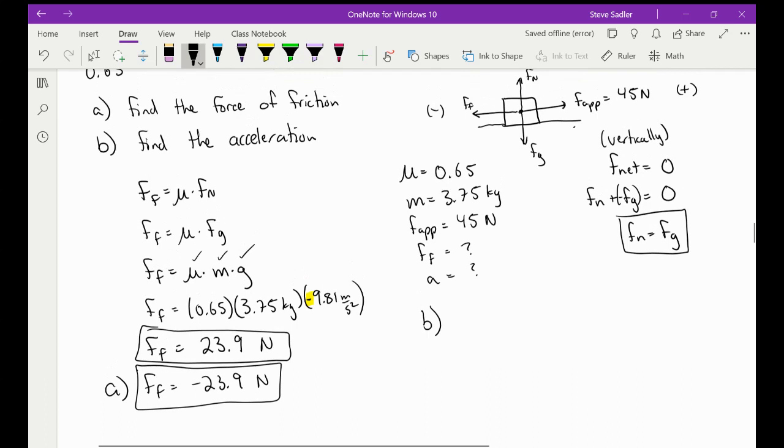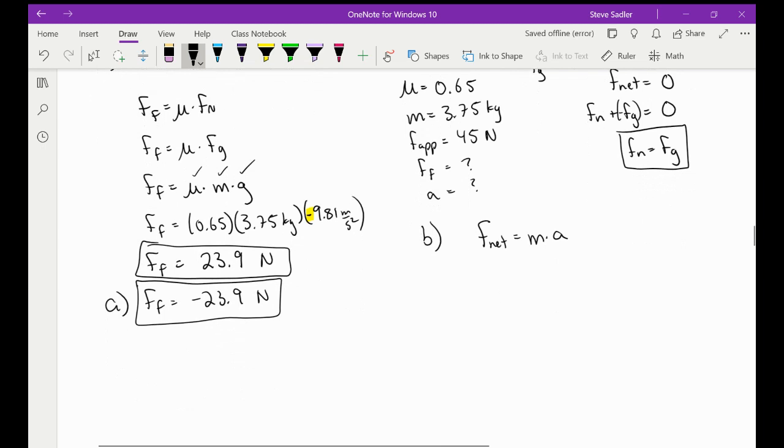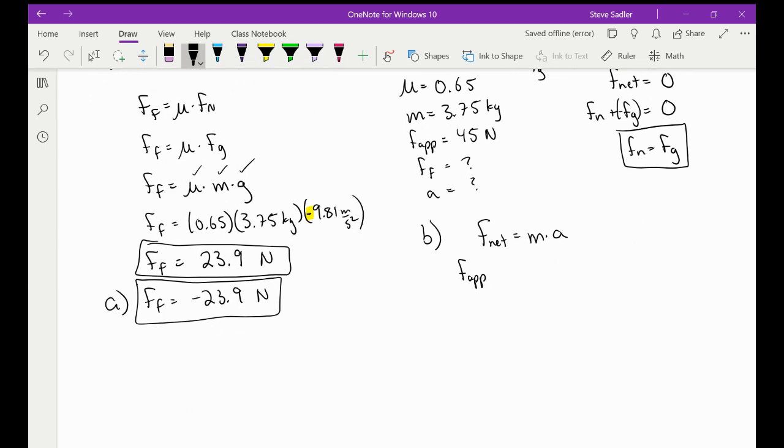So let's have a look at our free body diagram. We're trying to find acceleration. This is the formula that we have that has acceleration in it. It has mass times acceleration. So if we're just looking at horizontal forces, because forces that are perpendicular don't act on each other, we know that the net force is going to be force applied plus force of friction is equal to mass times acceleration.